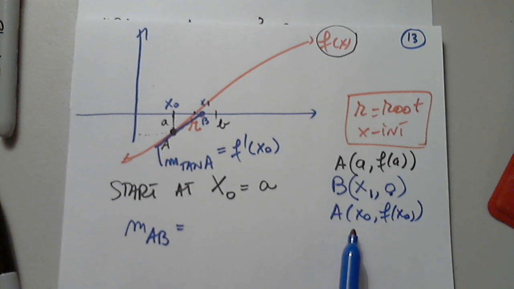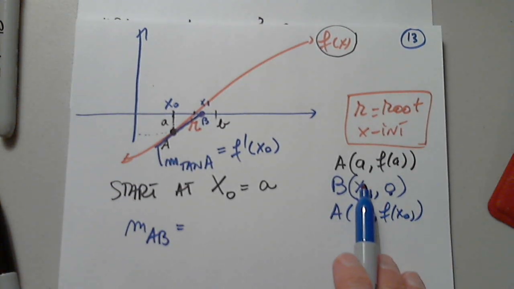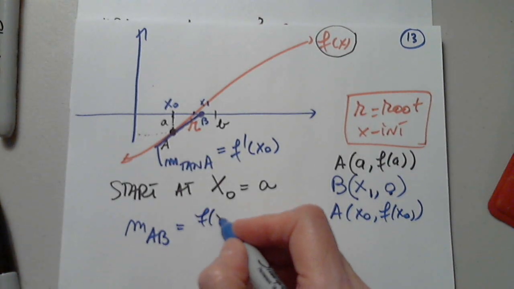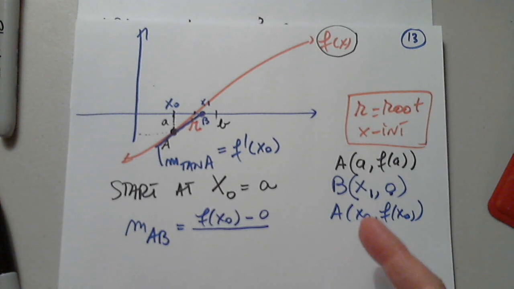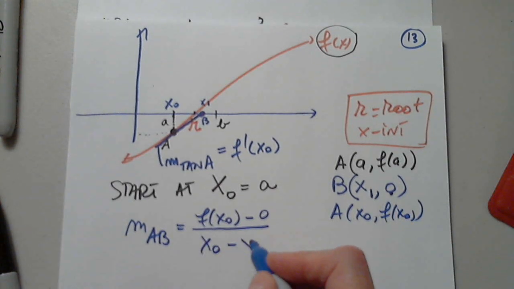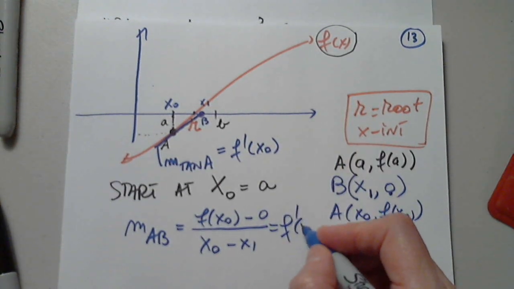So the slope of AB is y2 minus y1 over x2 minus x1. So f of x0 minus 0 over x0 minus x1. But this is also, as you just told me, f prime of x0.